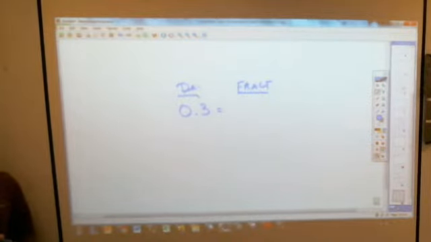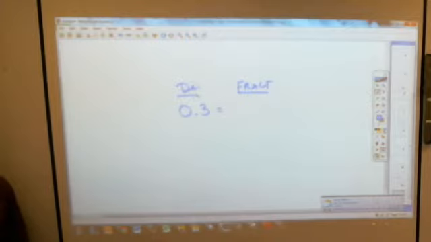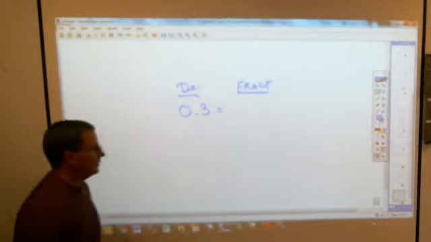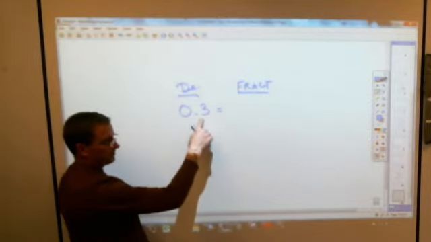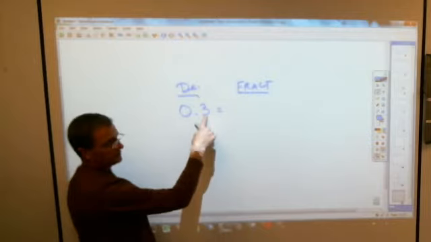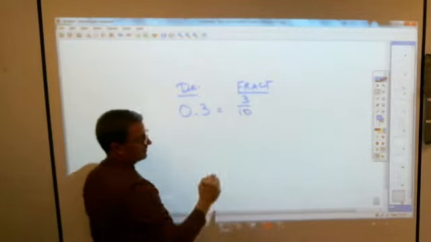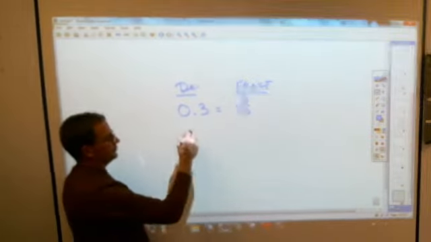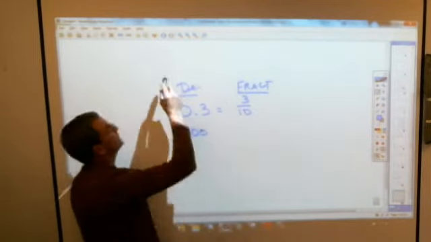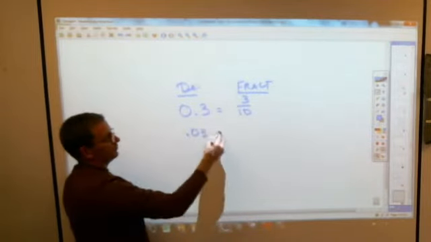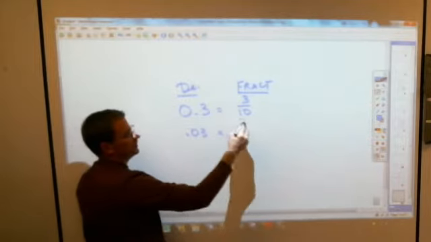If you're confused on that, all you really have to do is think about how you say it, because how you say it is how you write it as a fraction. How do I say this number? That 3 is in what place? 3/10. As a fraction, it is 3/10. If it was just 0.03, then it is 3 hundredths.